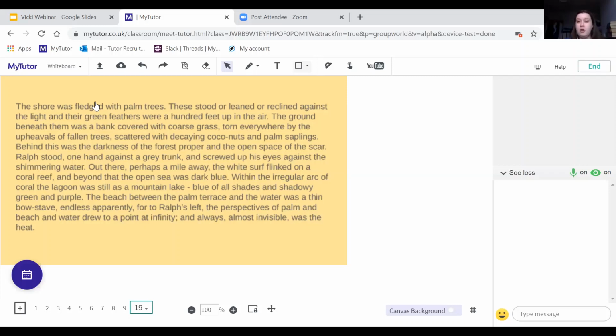We could talk about the dash here, which is just giving us extra information, and why use a dash potentially, but that is really complicated stuff, and I don't think it would link that much into how this describes the scenery, so I wouldn't worry about it too much. And then again, we've got another really long complex sentence at the end there.